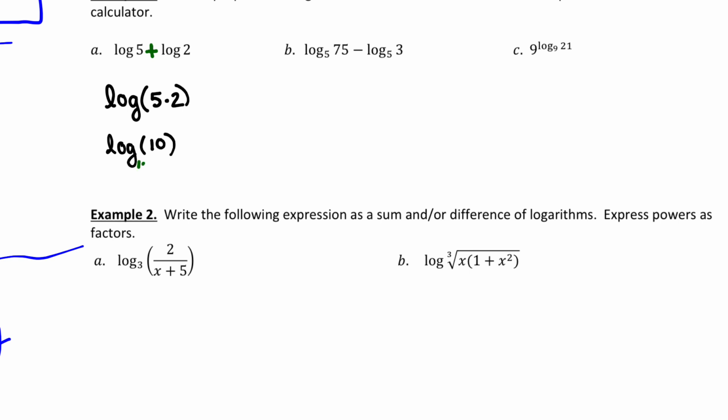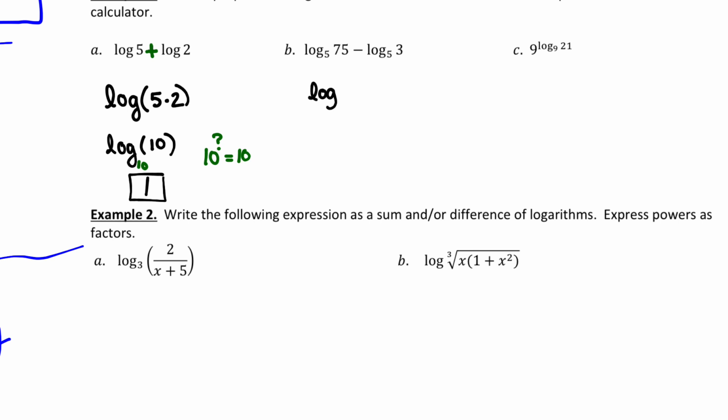And that's easy because the question is 10 to what gives you 10? That answer is just 1. You guys should be able to get really good at seeing these and just working them through.